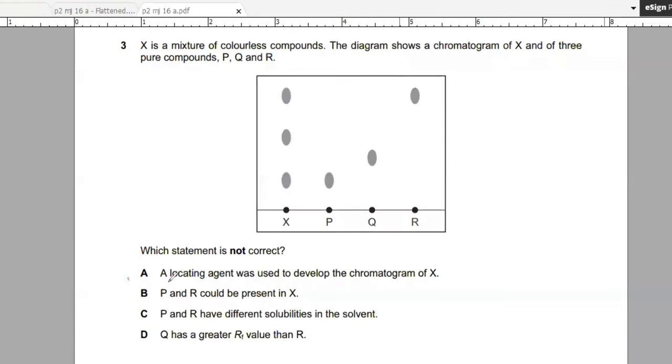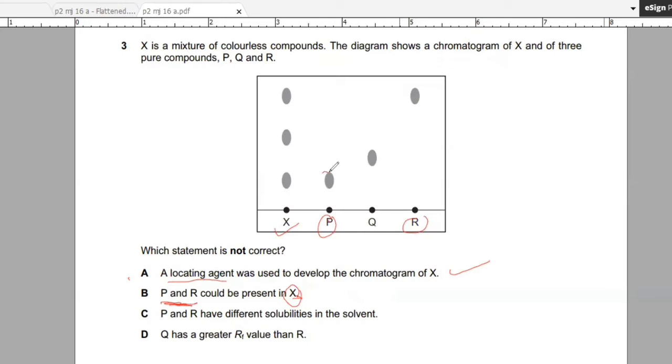Option A, a locating agent was used to develop the chromatogram of X. Obviously, a locating agent is used to identify the colors. So this is a correct statement. If you read option B, P and R could be present in X. So compare the color.